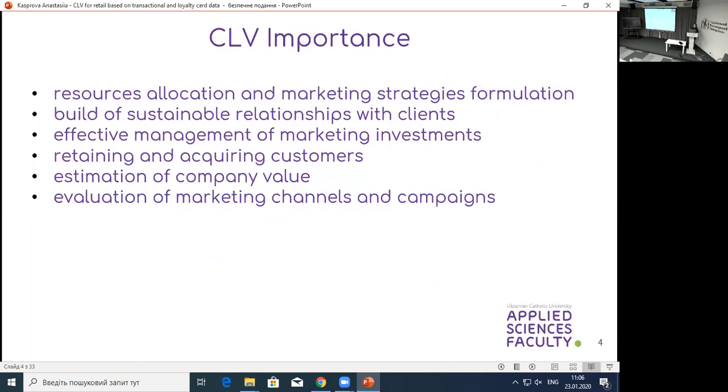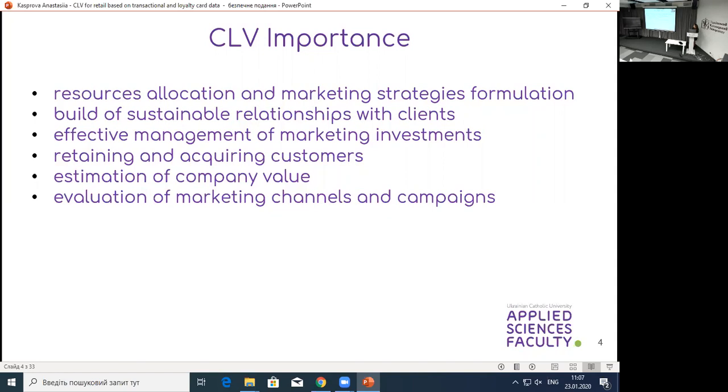Of course, CLV metric is very important, and according to PwC and McKinsey, this company uses the analysis of CLV, and they state that this provides a 360-degree view of the client situation, and this measurement can be used for value maximization on customer level, and as a result, the increase of revenue of a company.